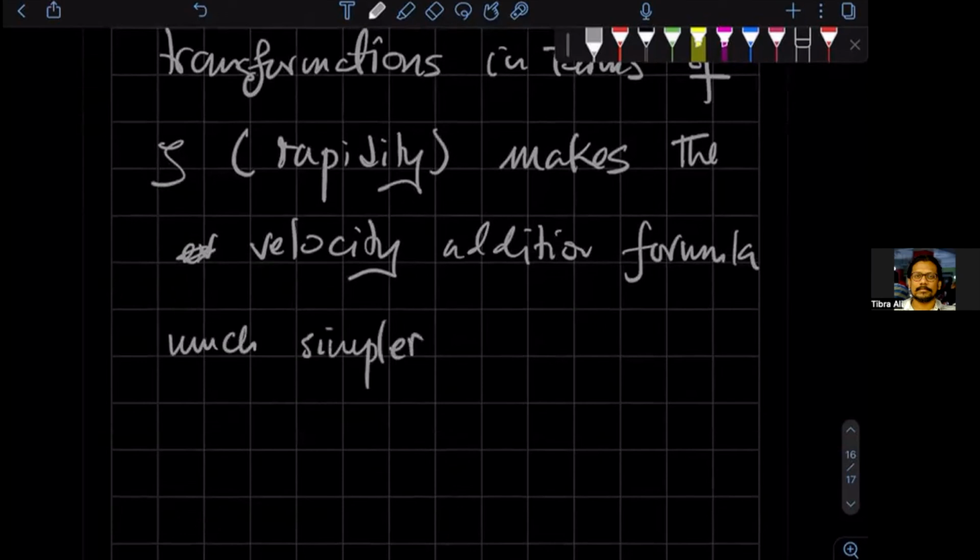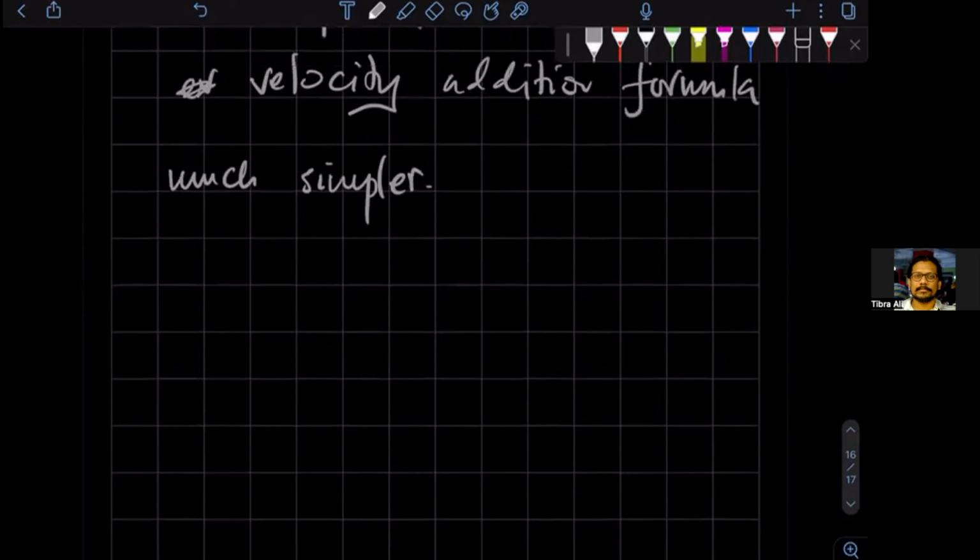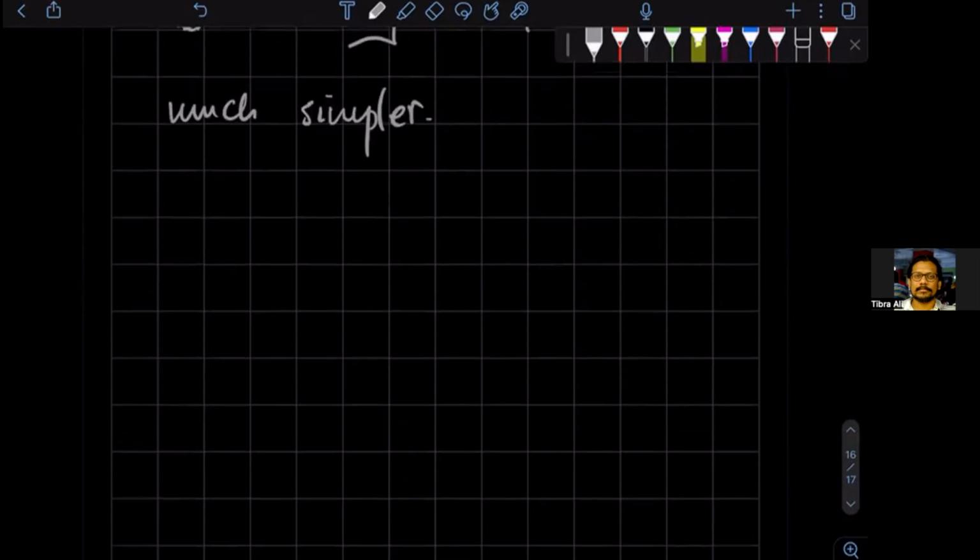The velocity addition formula of special relativity is kind of hard to memorize. It's not a linear formula, so it makes it a lot more cumbersome. Whereas with rapidity, if you have a reference frame which has rapidity zeta 1, and another reference frame on top of that which has rapidity zeta 2, then the combined rapidity is just the addition.